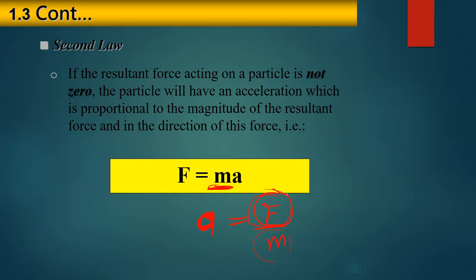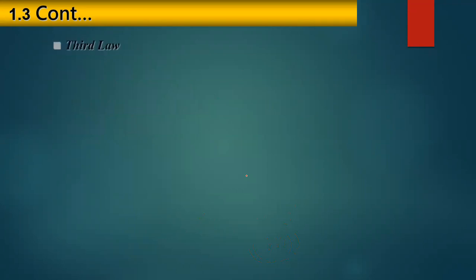And it's in the direction of this same force. That's why you are seeing this A is directly related to the force. And the constant of proportionality is called the mass, which is m. I don't know if you've gotten the point there, but what is important is for you to just know that the second law states that force is equal to mass times acceleration. That's what it means.